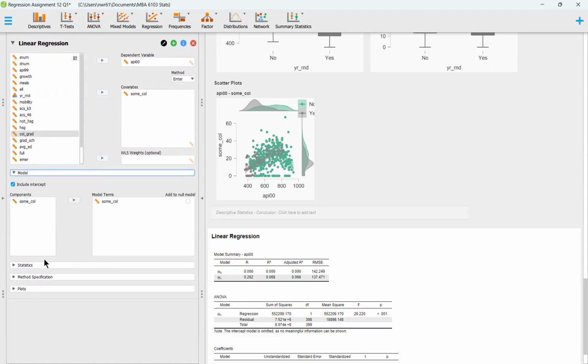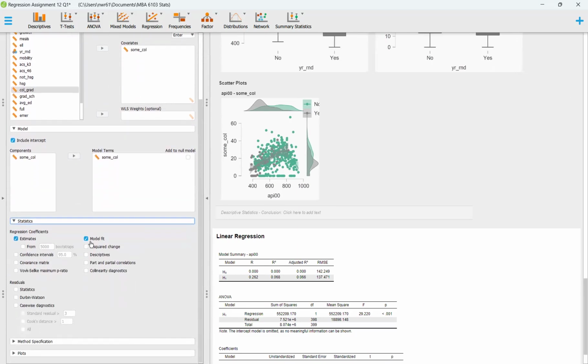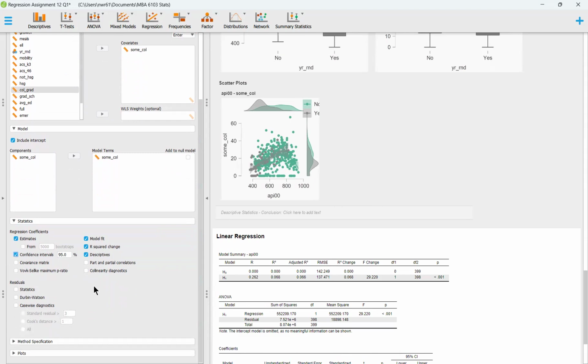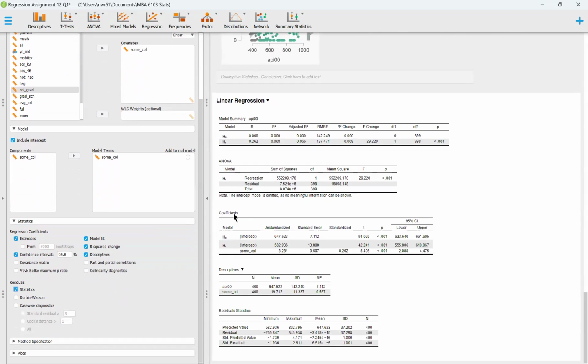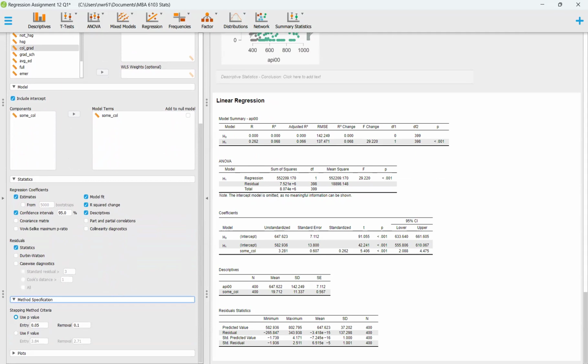Let's move on, include transcripts, statistics, model fit, R squared. Definitely want to choose that. Descriptives, confidence intervals. I left that at 95%. And then statistics again, residuals. See, it's just recording all that information.